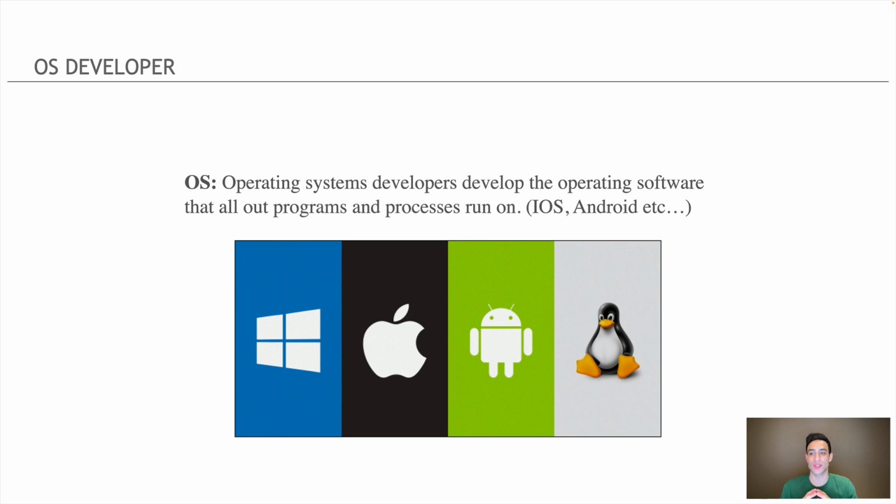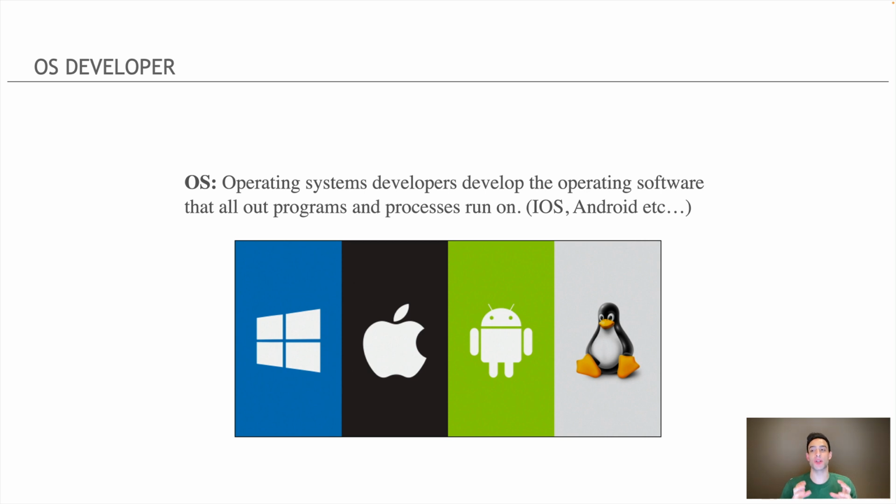So an OS developer. Operating systems developers develop the operating software that all our programs and processes run on. An operating system developer is the person who developed iOS or Android. They develop the main core operating system.